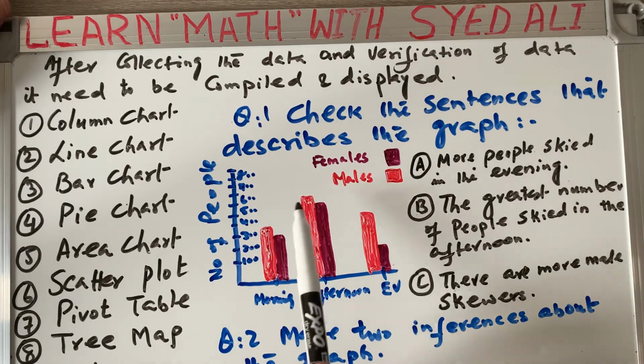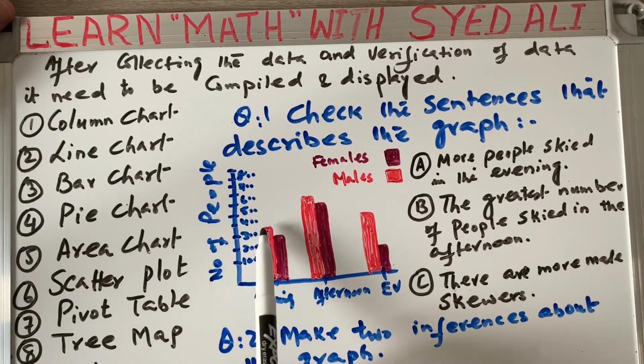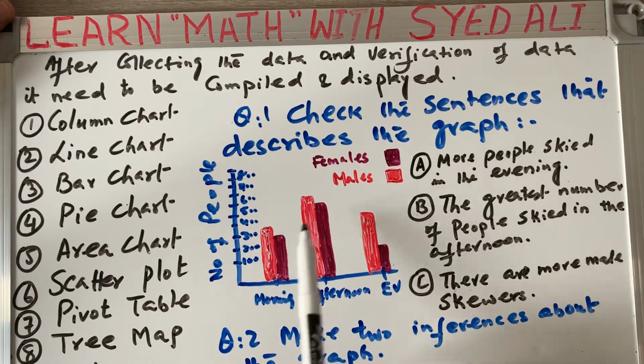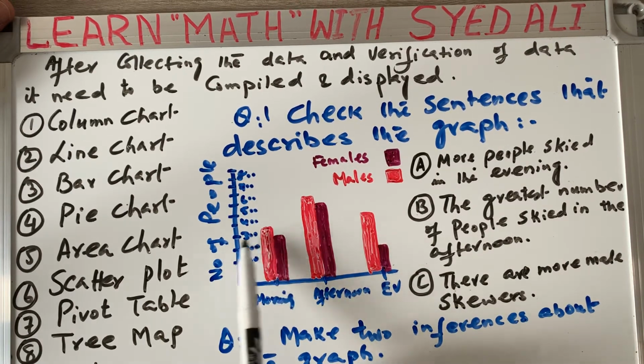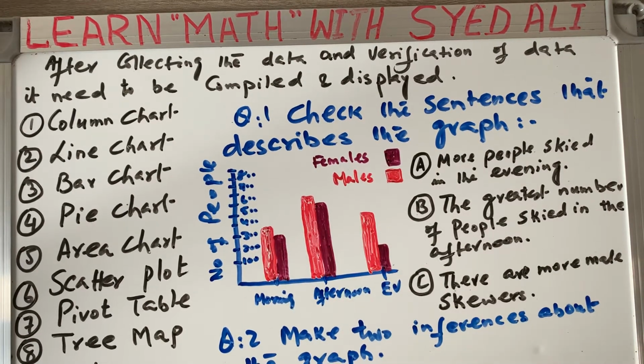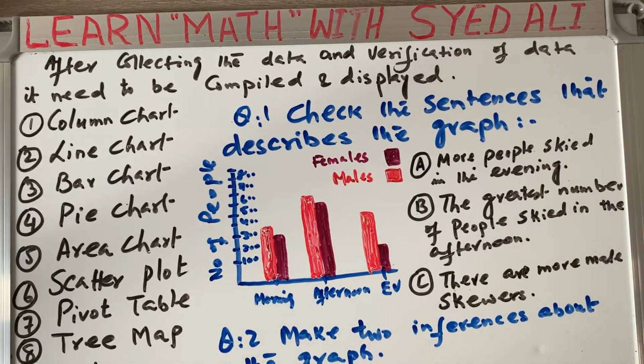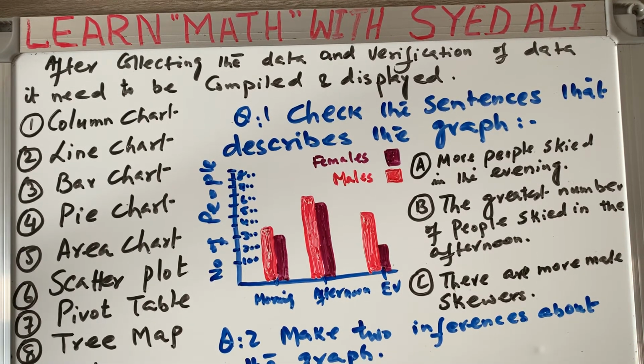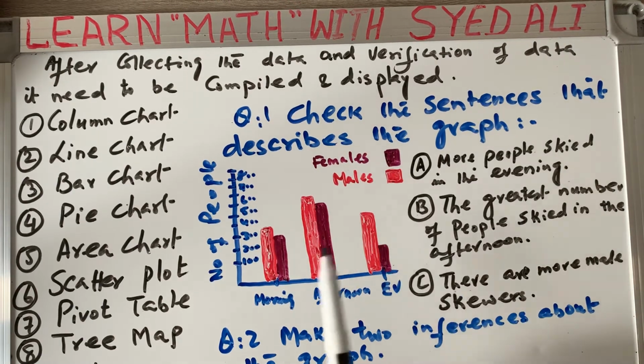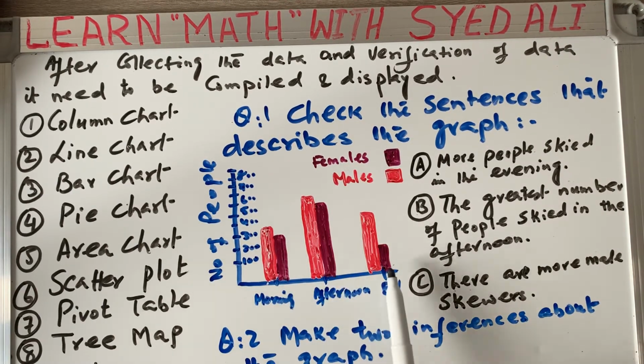We can see the number in front of each, right? In the morning, the males are like 350, and the females are 250. So it's just a rough graph to show you how a bar graph looks and how the data is compiled for this comparison, that is, how many people are skiing, males and females separately, in the morning, afternoon, and evening.